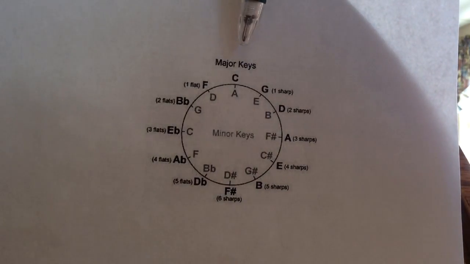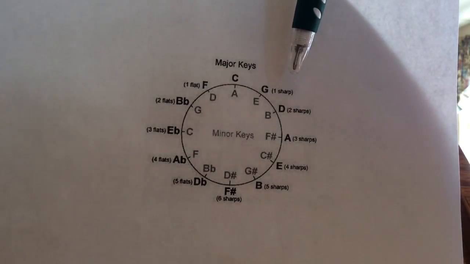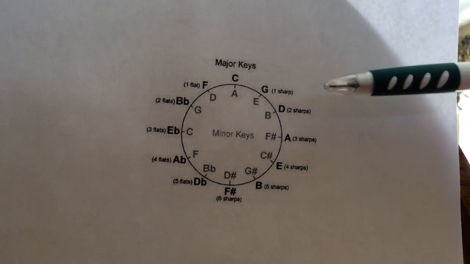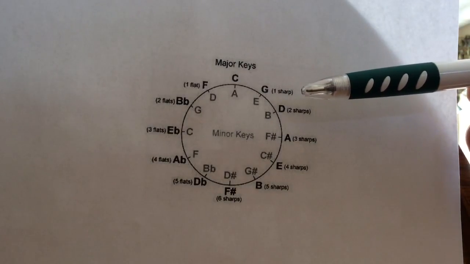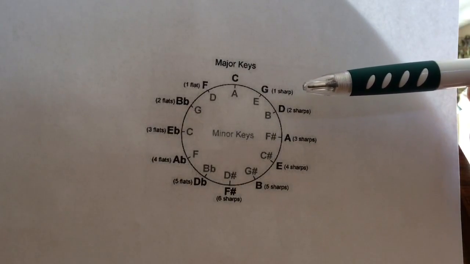If you move from C major with no sharps or flats, one position to the right, up 5 from C is G. So in G major, you will have 1 sharp when you move to the right.